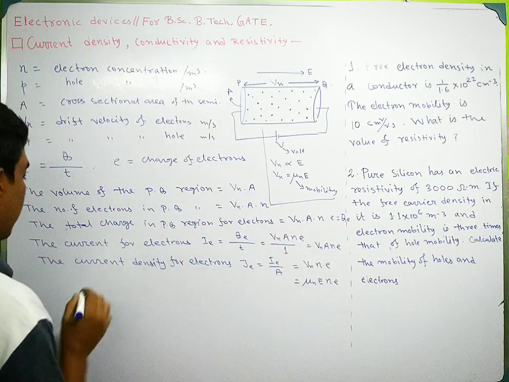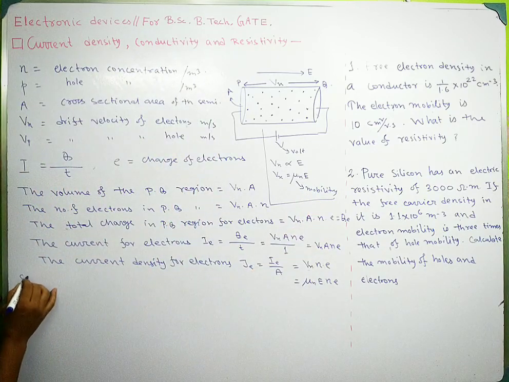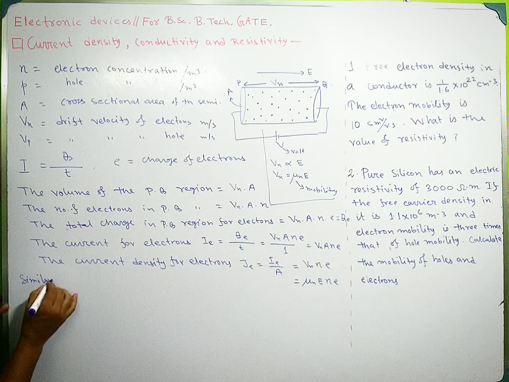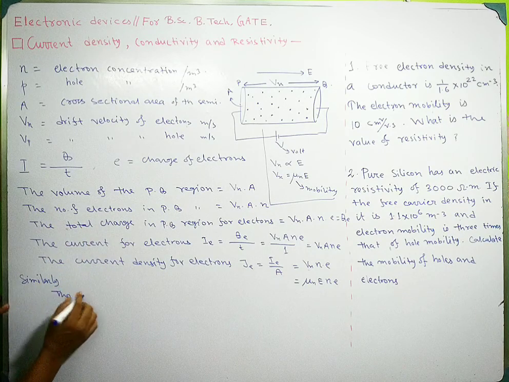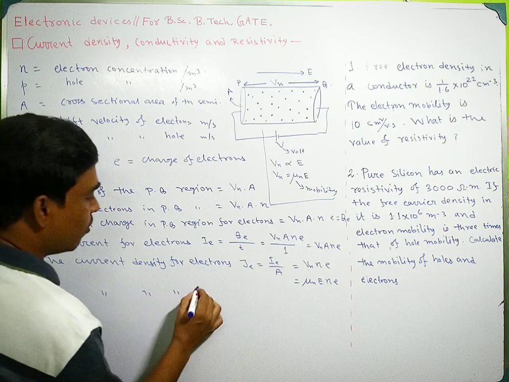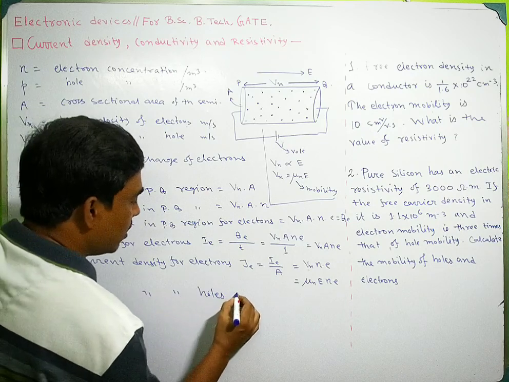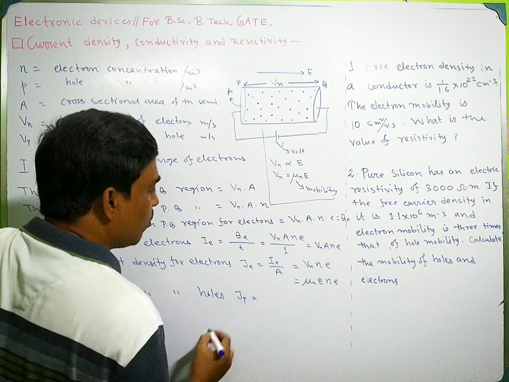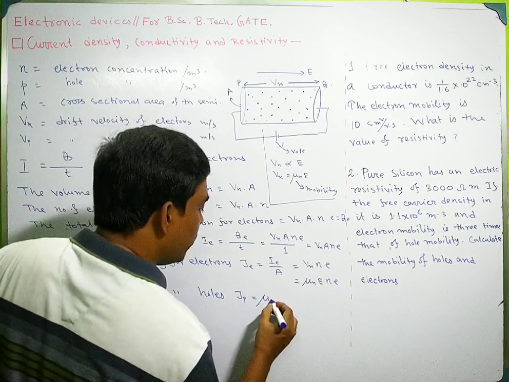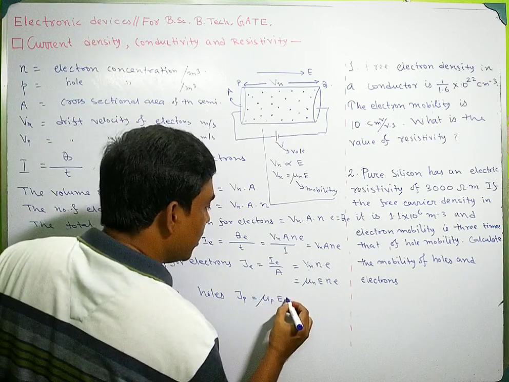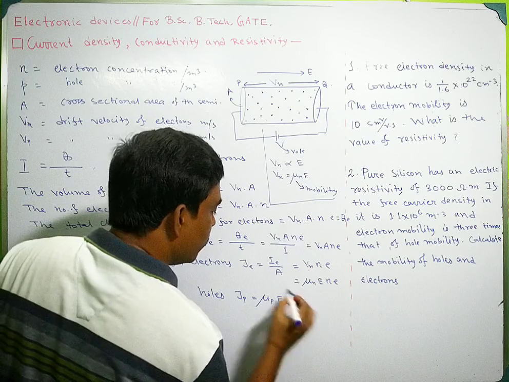Similarly, you can calculate the current density for holes, which can be written as Jp is equal to mu p into E into P into e.